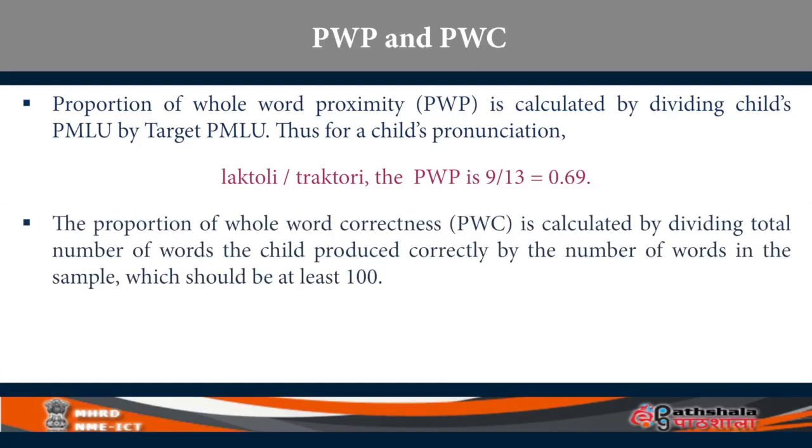Then the third one is called proportion of whole word correctness, PWC. This is calculated by dividing the total number of words the child produces correctly by the number of words in the sample. So you collect, for a few minutes, the total number of words you have. Out of that, what the child produced correctly, you divide both, you get proportion of whole word correctness.